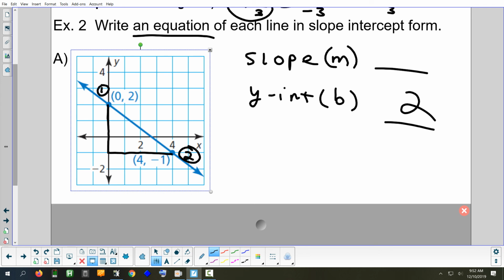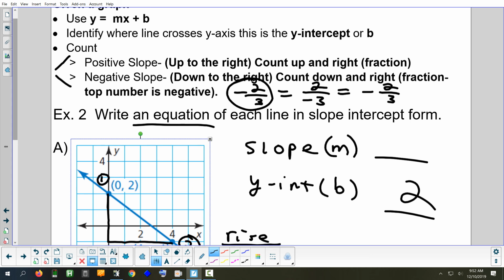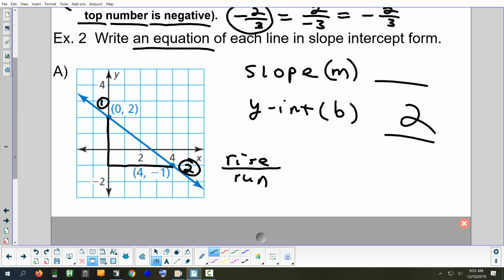So now let's write that as our slope. Rise over run. Since it's a negative slope, you told me it was negative, the top number is negative. The top number is the rise. We went down 1, 2, 3. So how am I going to write down 3?